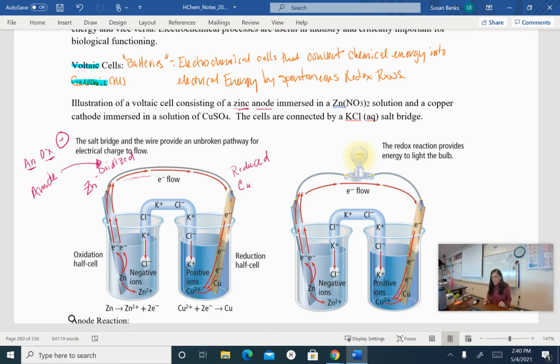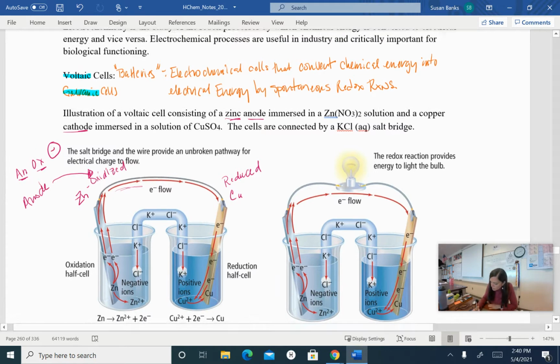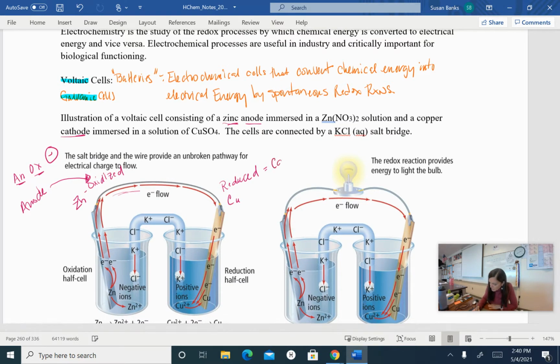Okay? So copper, on the other hand, is gaining these electrons, so it is being reduced. And we said the copper was the cathode. So copper reduced is cathode. And my mnemonic for that is red cat: reduced cathode.